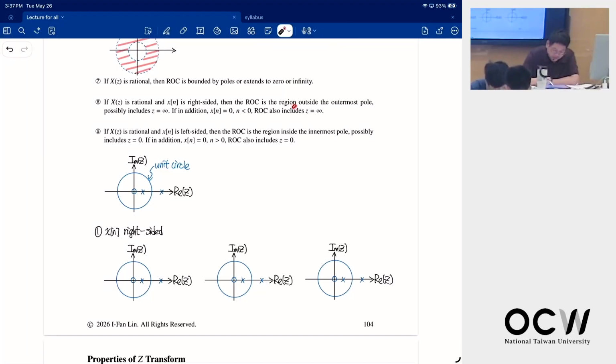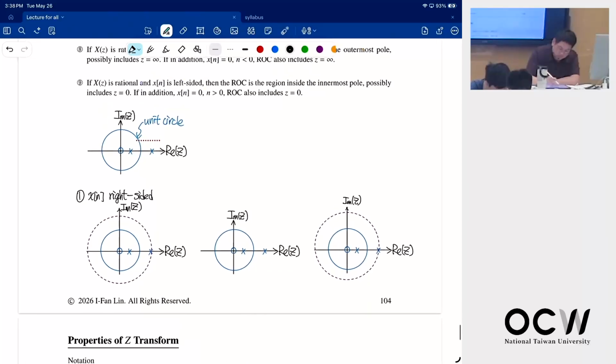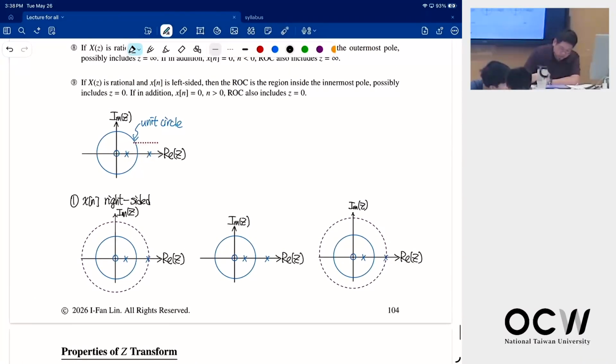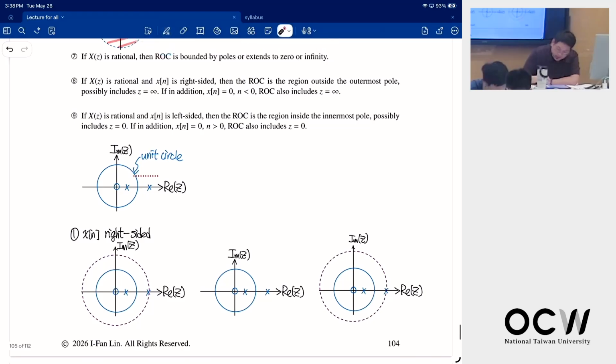Here it says outside the outermost pole, the outermost pole is this one. So for the right-sided, outside the outermost, it should be here.